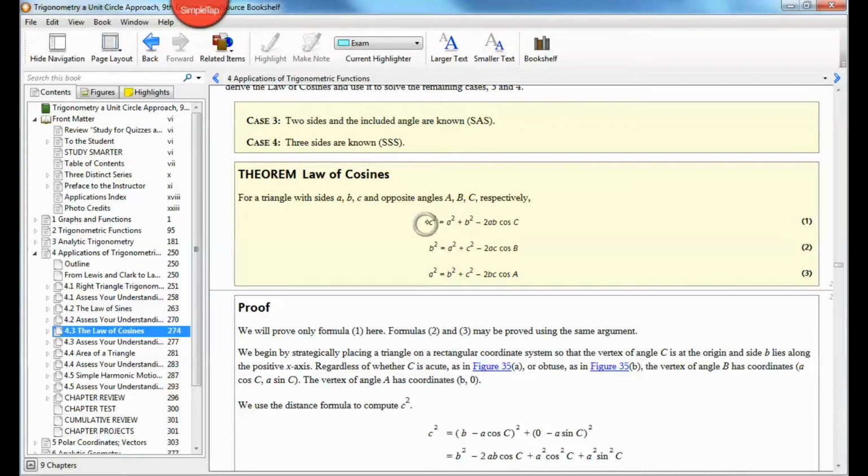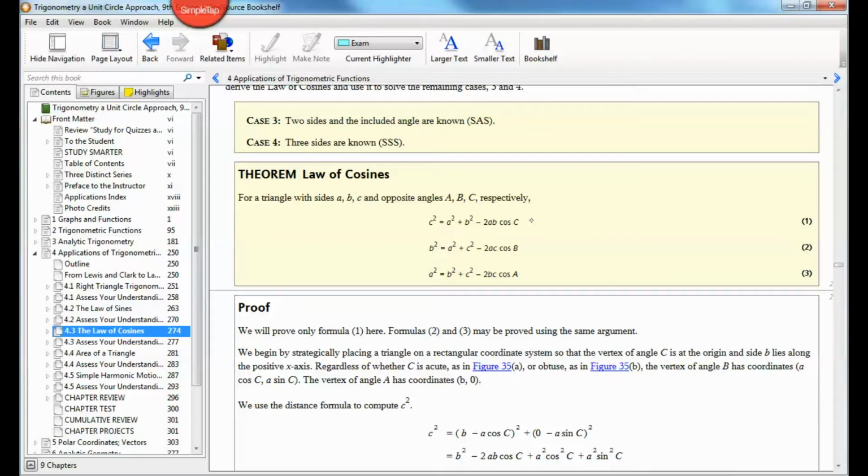What you have to do if you want to solve for a side: the side that you're solving for, squared, equals the sum of the other two sides squared, minus 2 times the product of the two sides that you know, times the cosine of the angle measure that's across from the side that you're solving for.